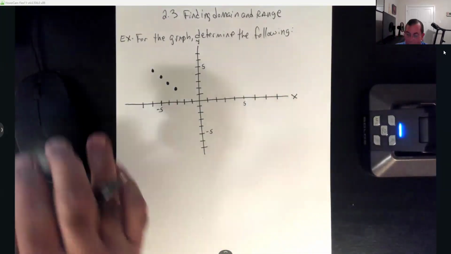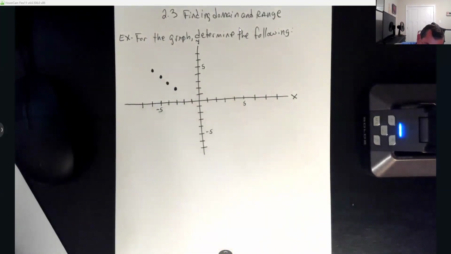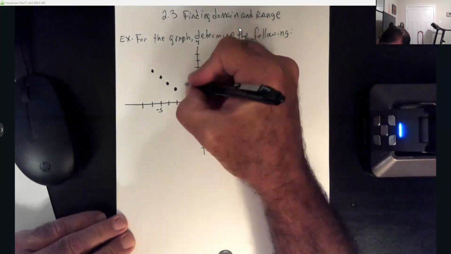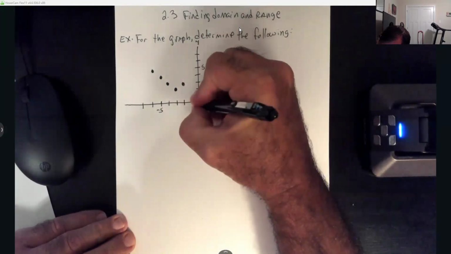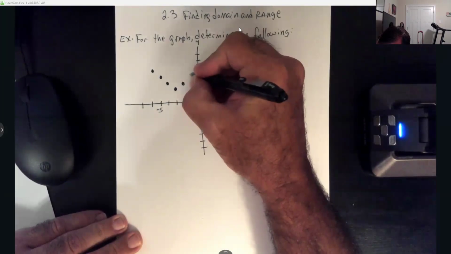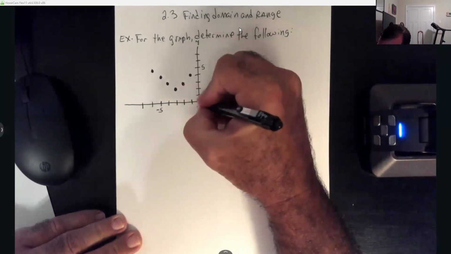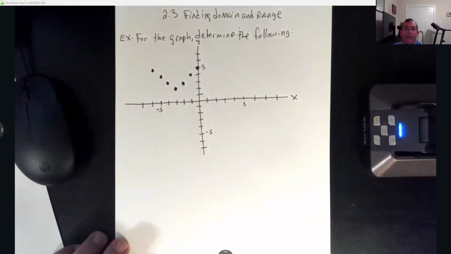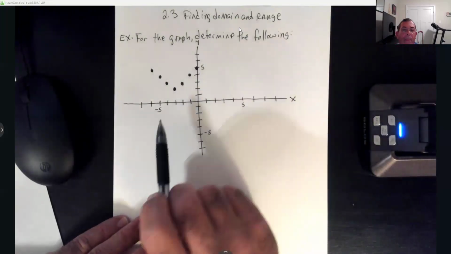And then it sort of goes back uphill. All right, -2, 3, -1, 4, and then at 0, 5. So it's just a little V-shaped points here.